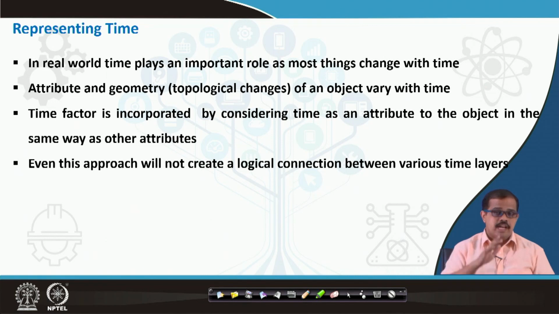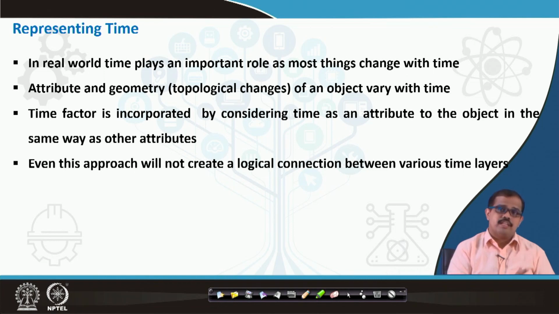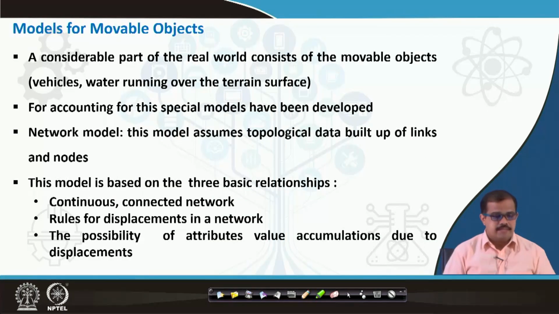It only says that from this particular time to this particular time, this has evolved. That gives meaningful information to anyone looking at how the real world has changed from one year to the other. That is how we start looking at representing time.